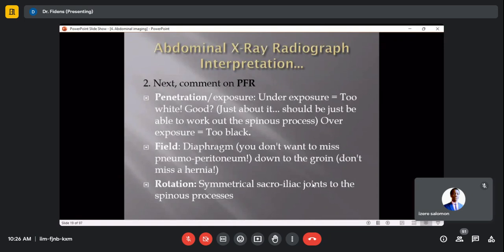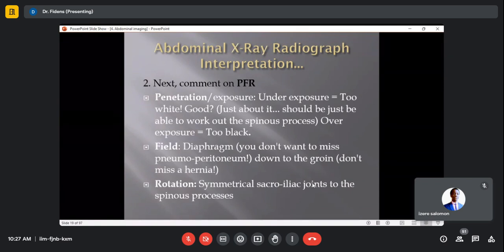You compare the distances. Here the same. From the sacroiliac joint to the spinous processes on the left, that distance should be compared to the same distance on the right side. That's how we check for the symmetry. So those are three things in technical you should check before you go for analysis.